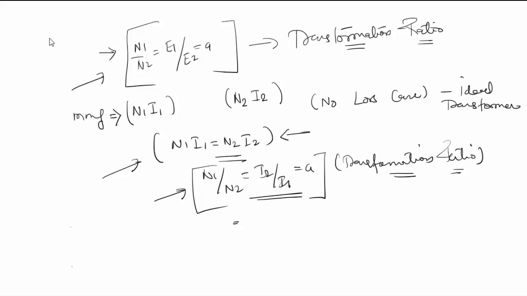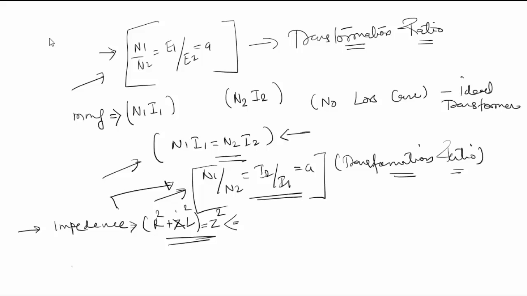Now consider the case where this transformer has some kind of impedance, given by Z squared equal to R squared plus XL squared.